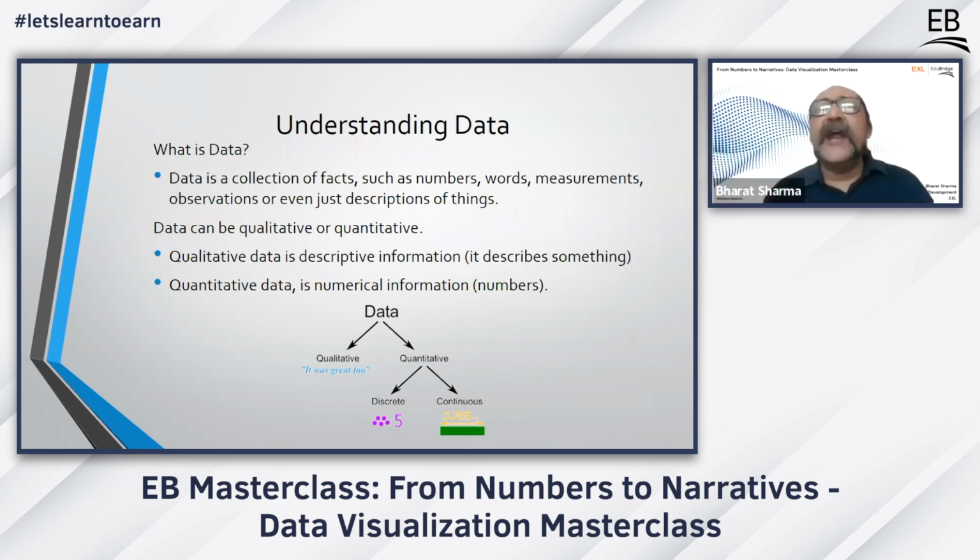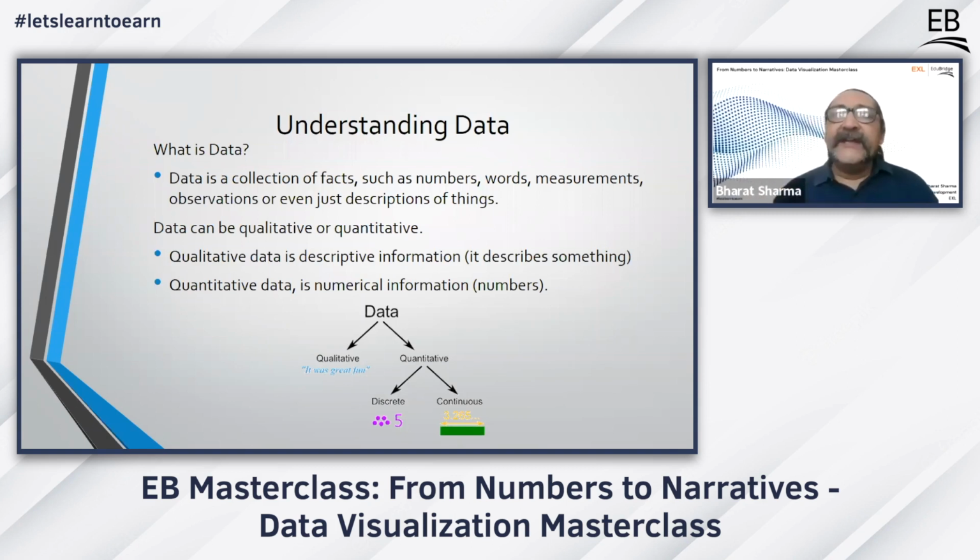So broadly, in the bifurcation, on one side you have qualitative data, on the other side quantitative data. Qualitative data gives you the quality, like: it was great, fun, you are smart, you are handsome, those kinds of data sets.